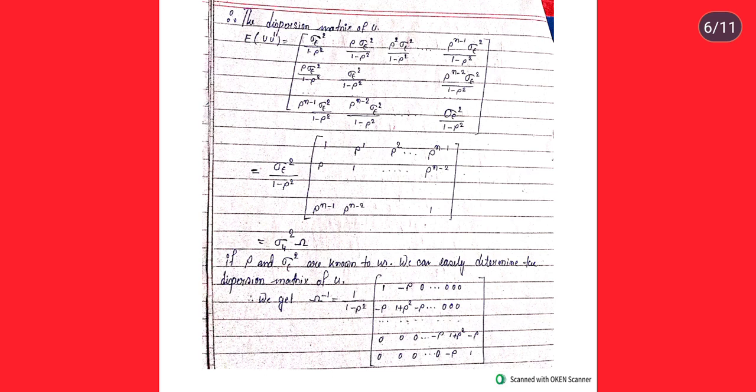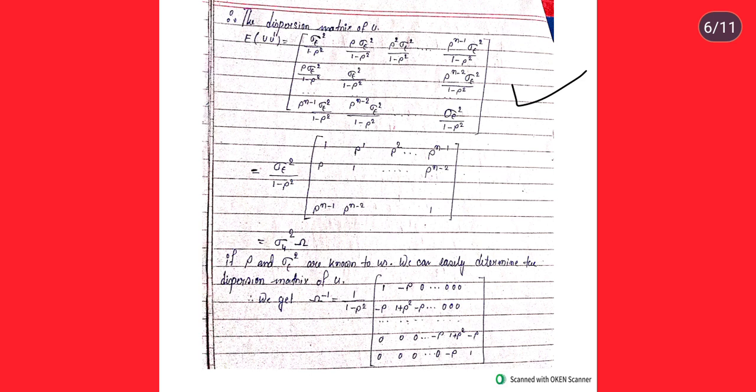This is the matrix format, and if sigma epsilon squared over 1 minus rho squared is common, then the whole matrix is: first row 1, rho, rho squared up to rho to the power n minus 1, and the second row 1 and so on, continuing up to the last row, rho to the power n minus 1, rho to the power n minus 2, and the last value in the matrix is 1. This can also be considered as omega, so we can write sigma u squared omega.